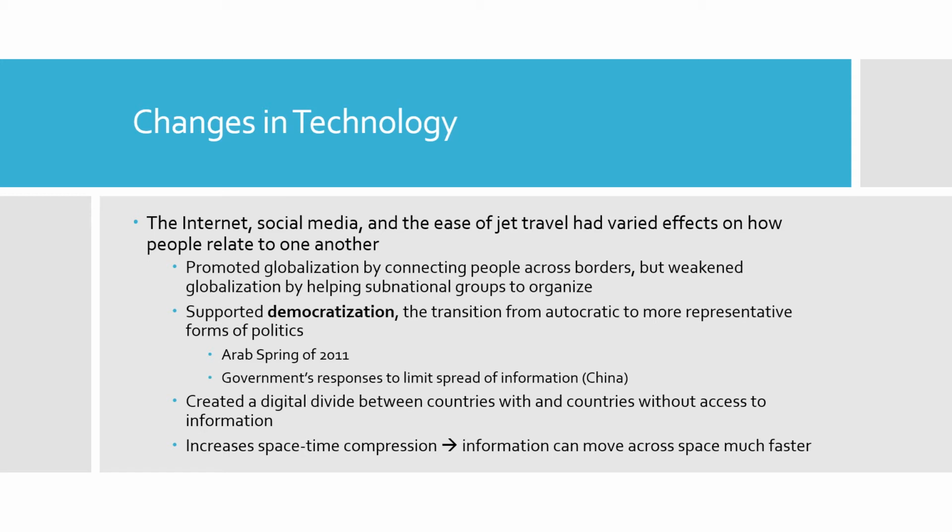When we talk about the 21st century, we're certainly discussing the internet, social media, and ease of air travel and accessibility to that. This totally changes the way that we relate to one another. Again, this is not about what new technologies there are. Now we're looking at how it changes the ability of a state to decide its own destiny.